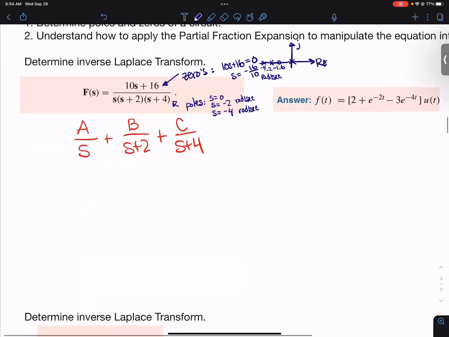Otherwise, I suggest to use the method that I was suggesting, where for A here, you would multiply the equation by S and then put S equals 0 as your solution.